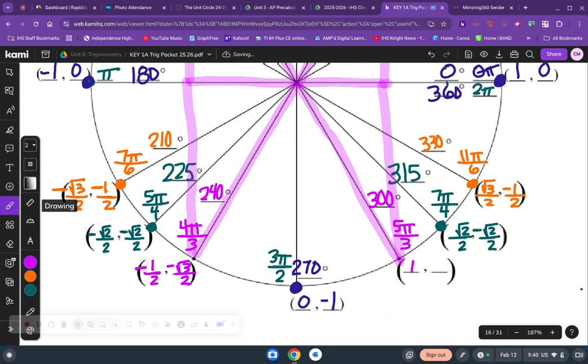And one more. 1/2, root 3 over 2. This is the coordinate at 5 pi over 3. And the y coordinate is negative.